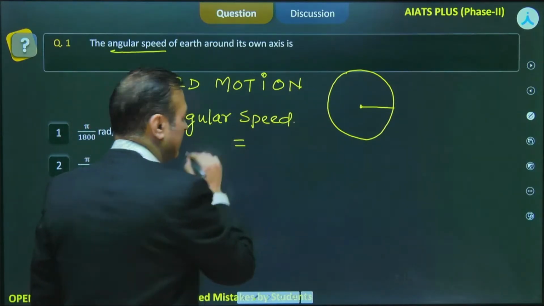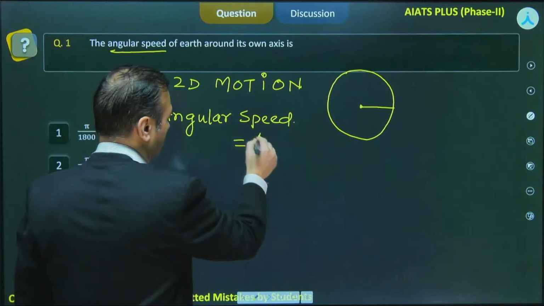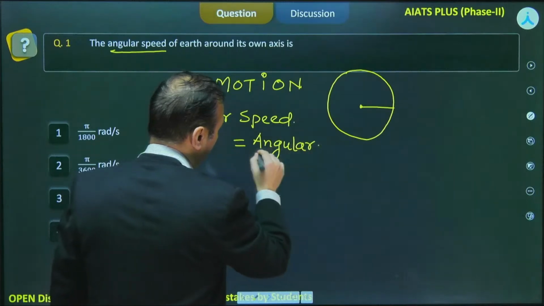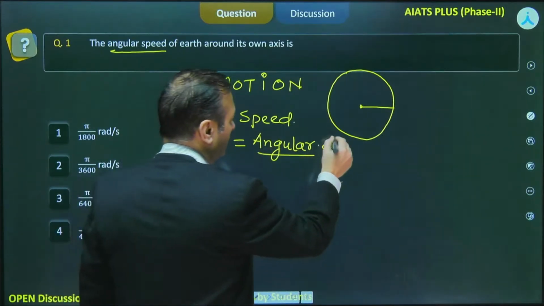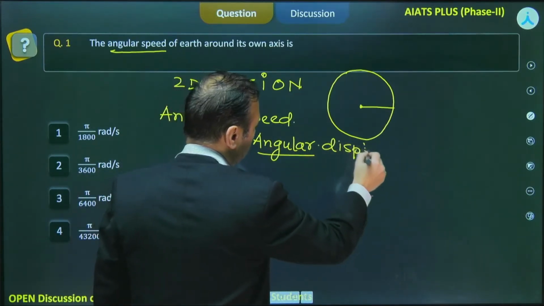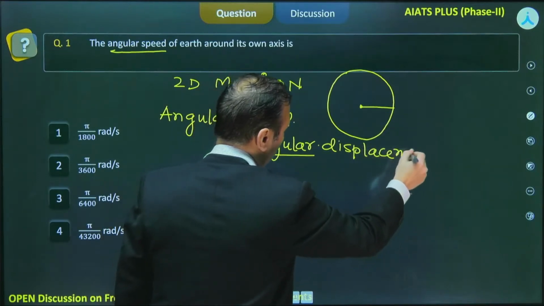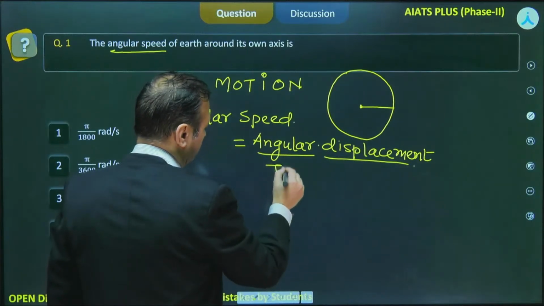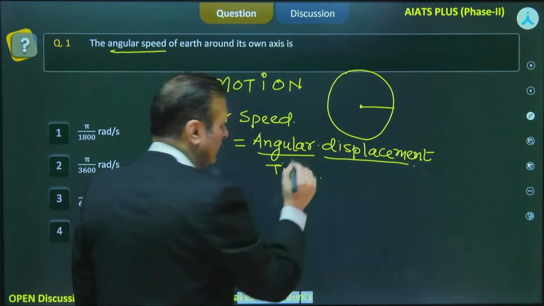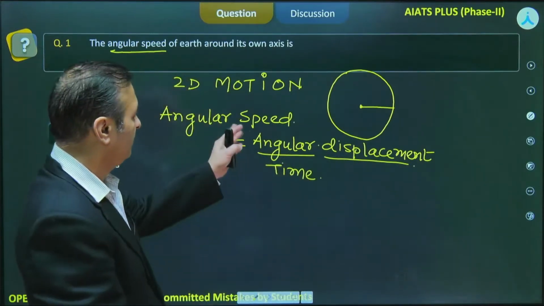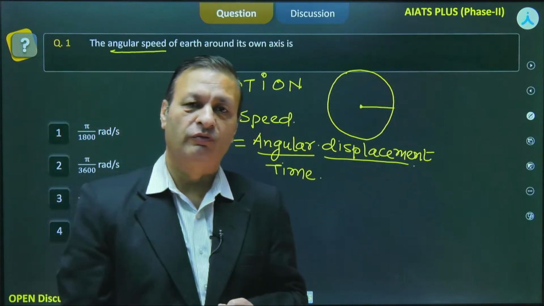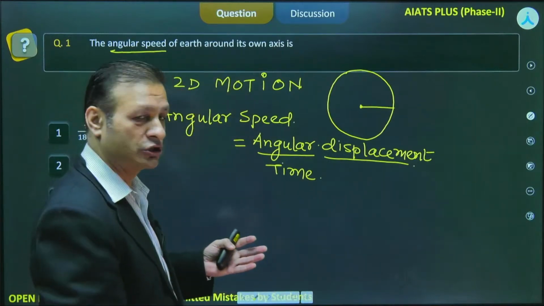This angular speed is basically angular displacement per unit time. It is a vector quantity, so we can call it angular velocity also.